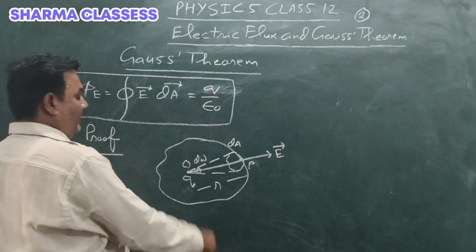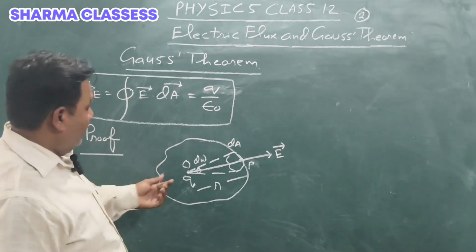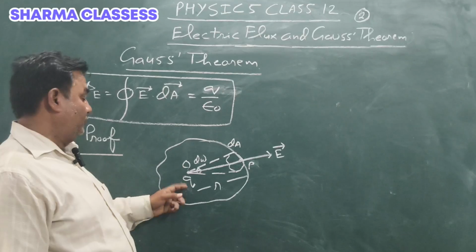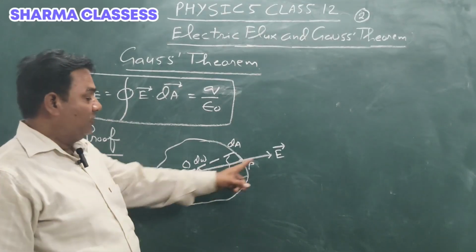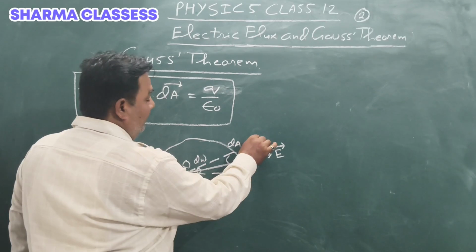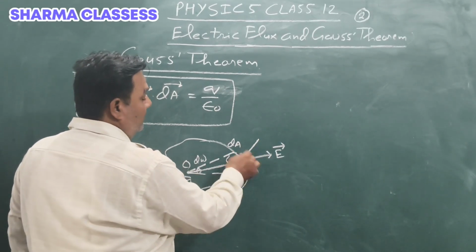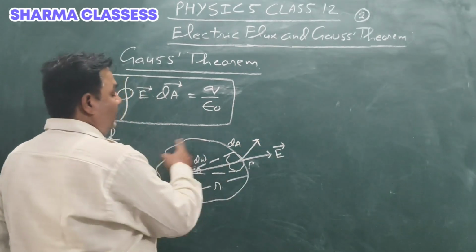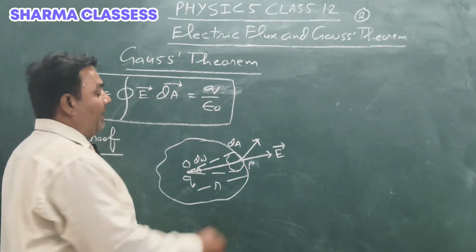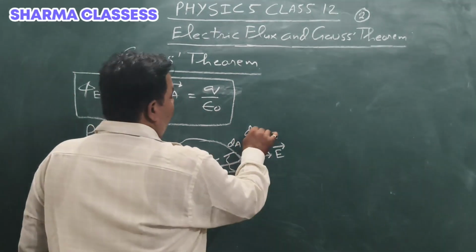You know that the electric lines of force emit from the plus Q charge, so the direction of the electric field is this. The area vector is perpendicular to the surface. Since this surface is not regular, there is some angle between the dA vector and the electric field.